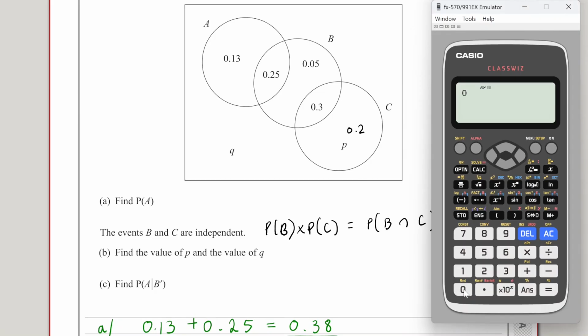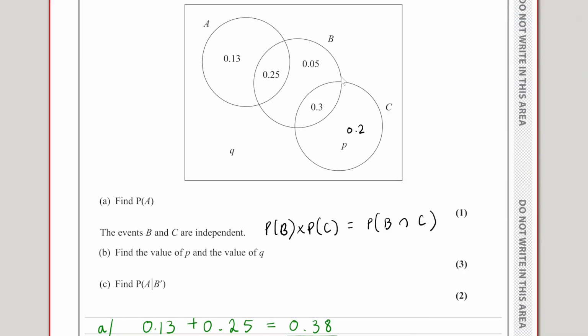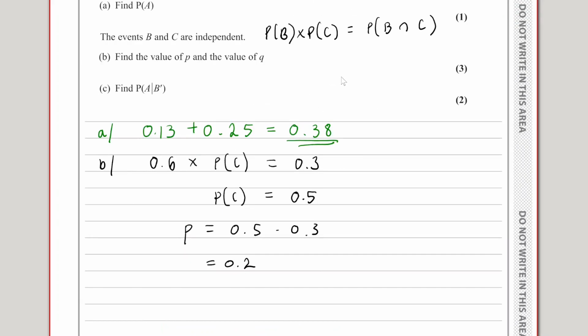So 0.13, 0.25, 0.05, 0.3, and 0.2. That adds up to 0.93. So 1 minus 0.93 is 0.07. So that is Q. Q is 0.07.